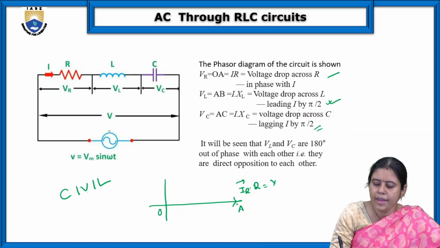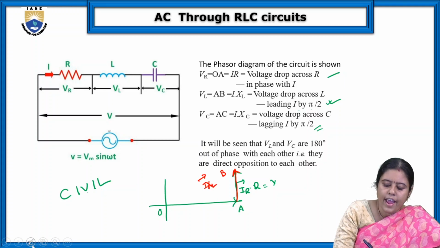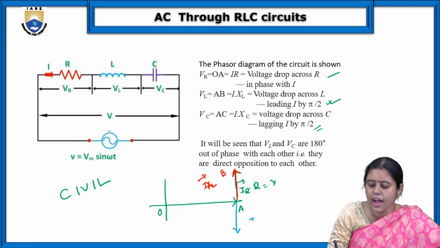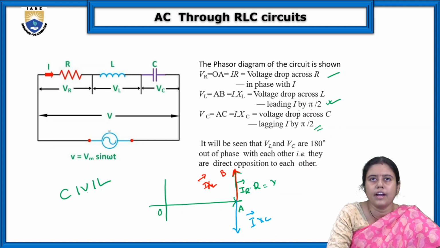This is our AB voltage drop. What is this? This is the voltage drop across the XL, and this is the I into XC, voltage drop across the capacitor.